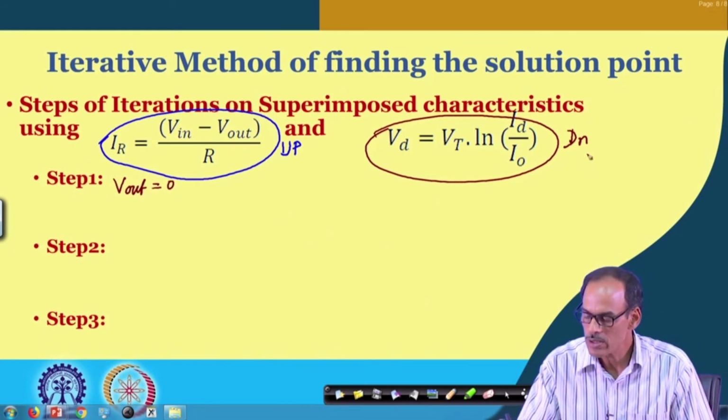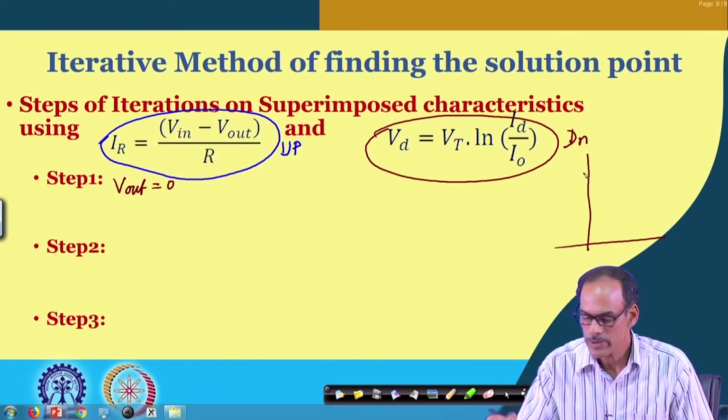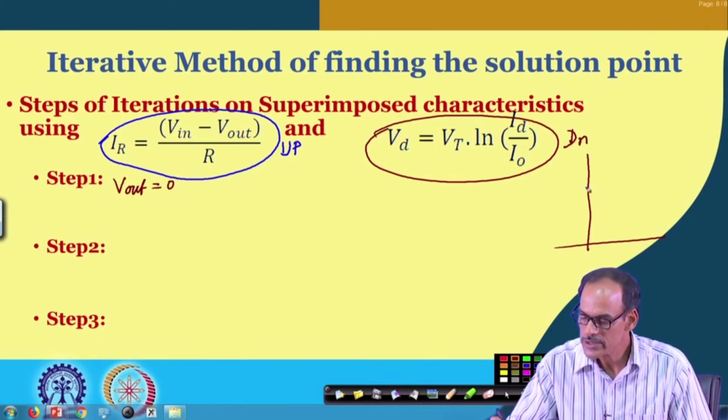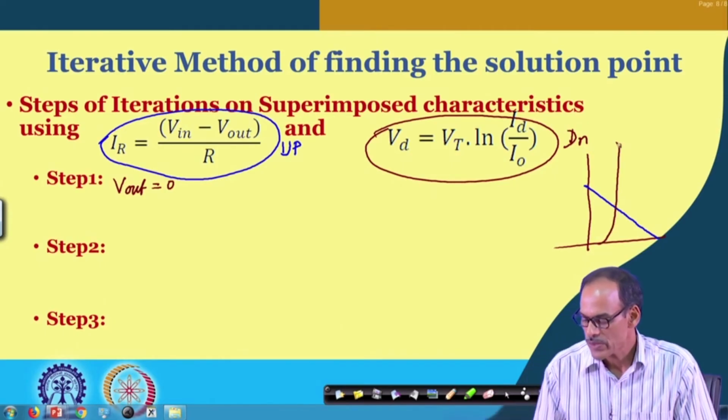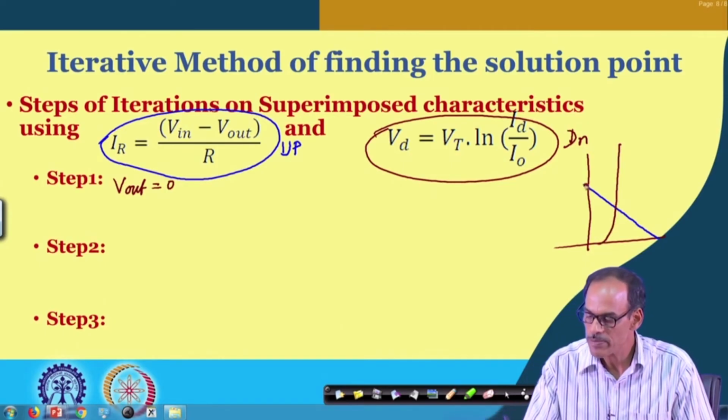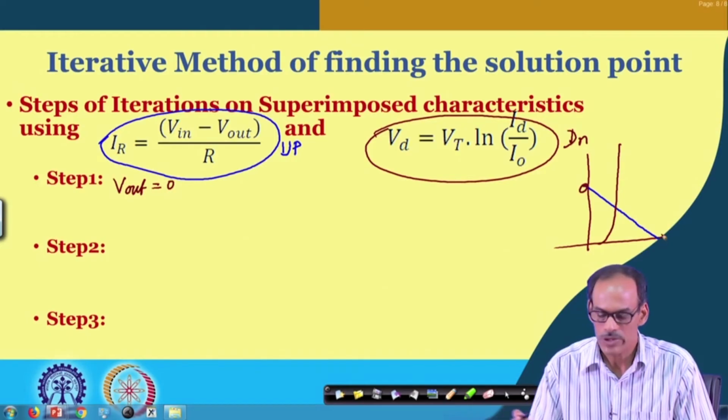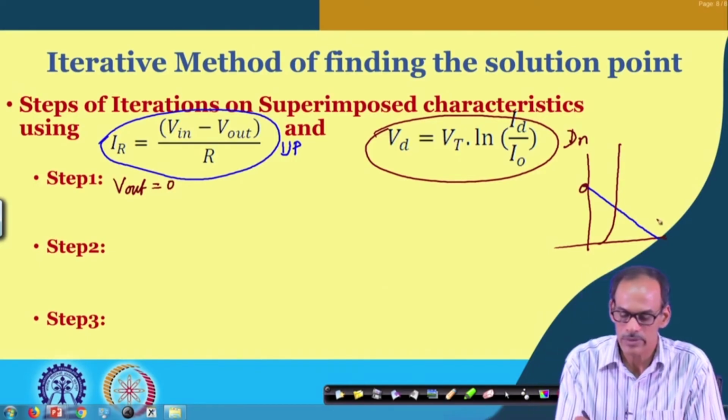So, you may recall that we do have a pull up characteristic like this, and then we do have the pull down characteristic like this. So, we are starting from say this point where V d equals 0, and V d is nothing but V out.